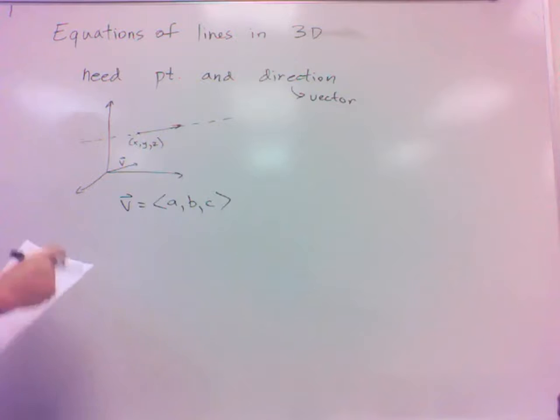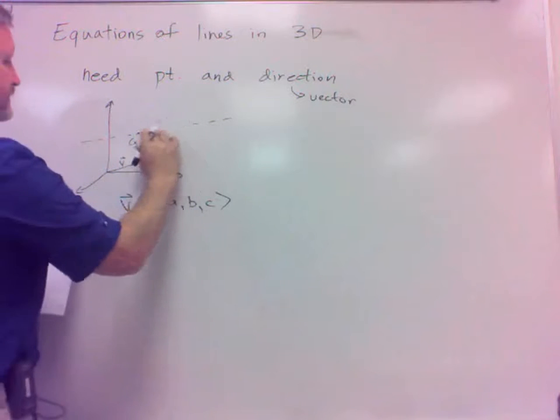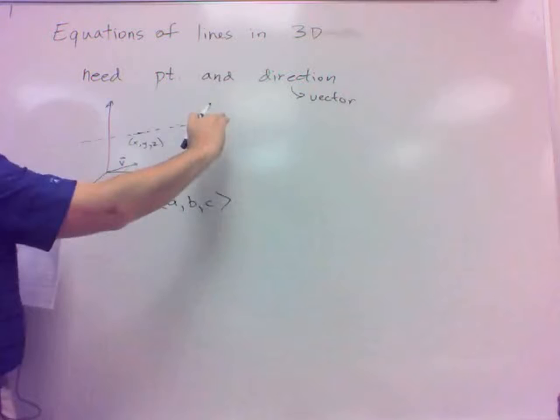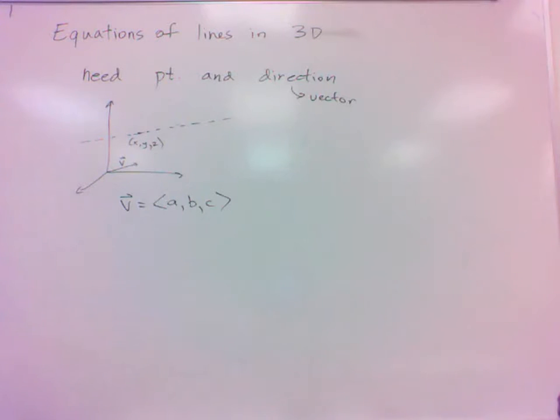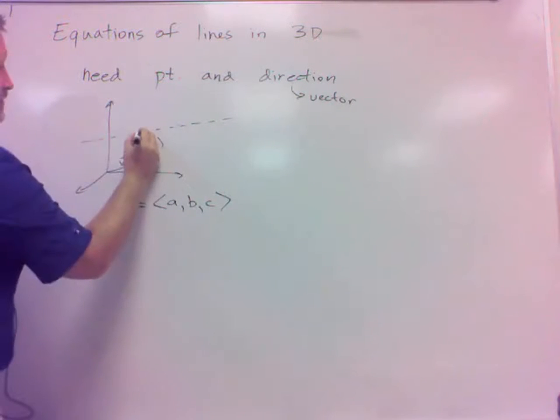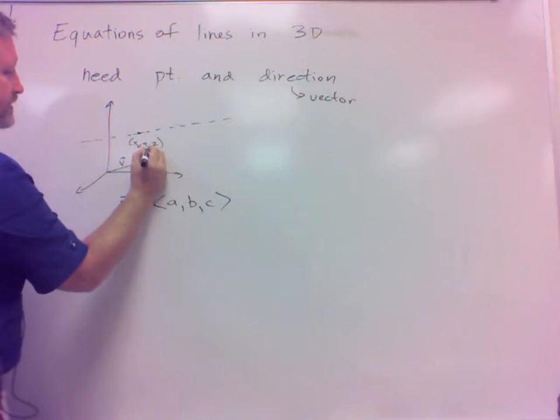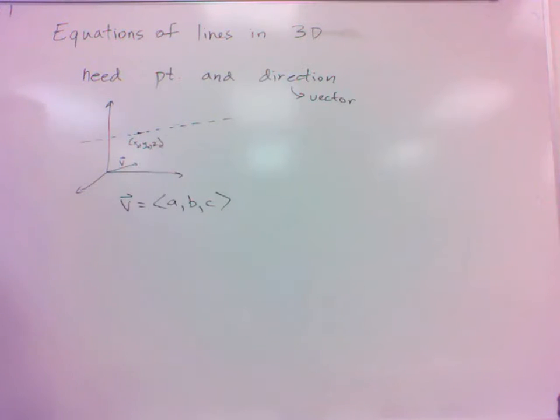Okay? All right, now, this line is parallel to that vector. And now, the actual point here that they give us, let's just call that x0, y0, z0, is the usual designation that we'll make on that.